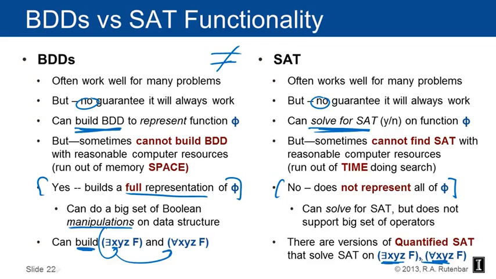The SAT solver does some interesting internal magic and then solves for satisfiability on the quantified function. It's a whole different category of SAT solvers. But you cannot do arbitrary Boolean manipulations with SAT solvers. You can solve for SAT. That's what they do. If you want to do arbitrary things on a Boolean function, you probably want a BDD. You can do SAT with a BDD. It's just probably not the most efficient way.